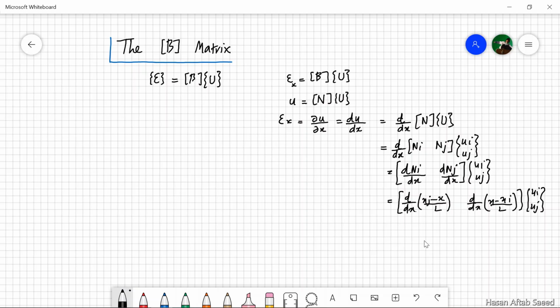So this gives us minus 1 over l and 1 over l, simple differentiation with respect to x. We have ui and uj. Now this is epsilon x, and sometimes we can also write it like this. It's the same thing.